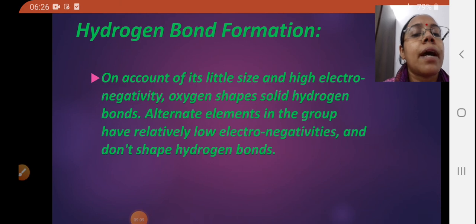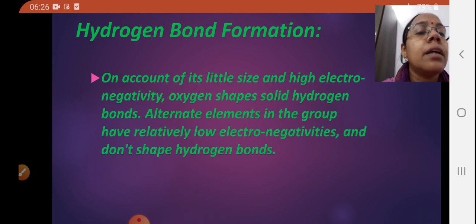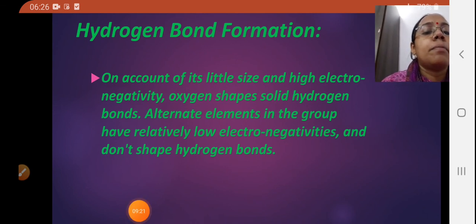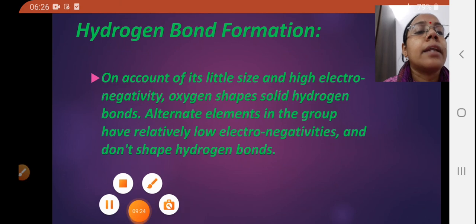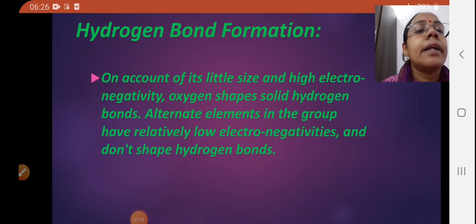Their atomic size is large, and they have low electronegativity in comparison to oxygen, and due to these two factors they don't form hydrogen bonds with hydrogen.